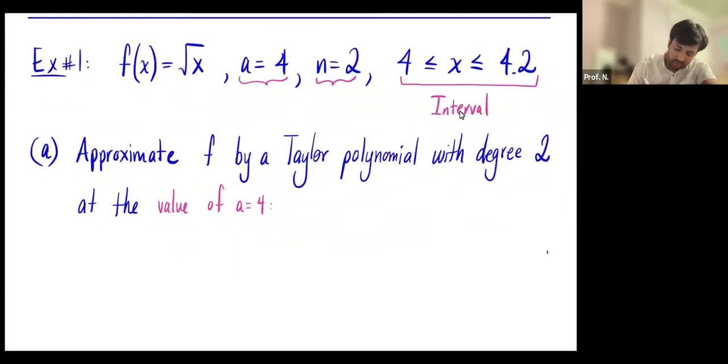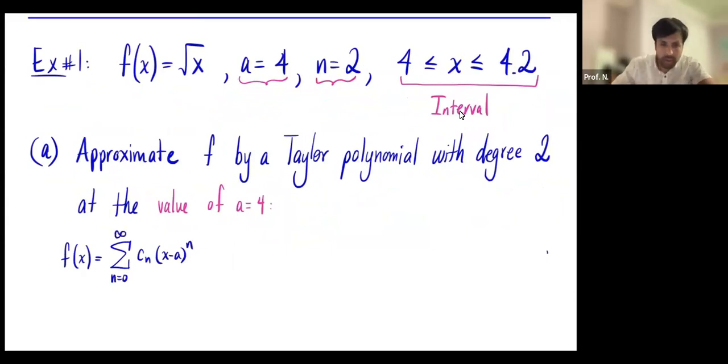So again, just to recall, what is the Taylor series? The Taylor series is some sum of power functions written as x minus a, where a is the center of my polynomial or series.